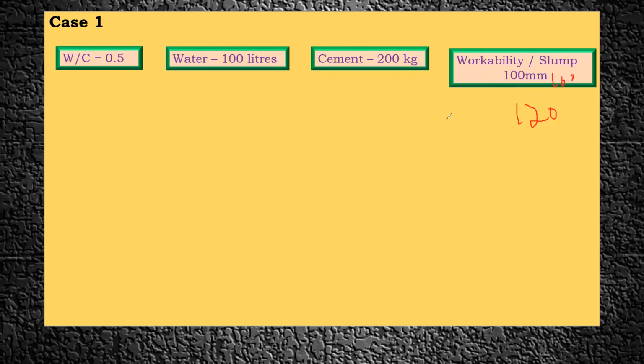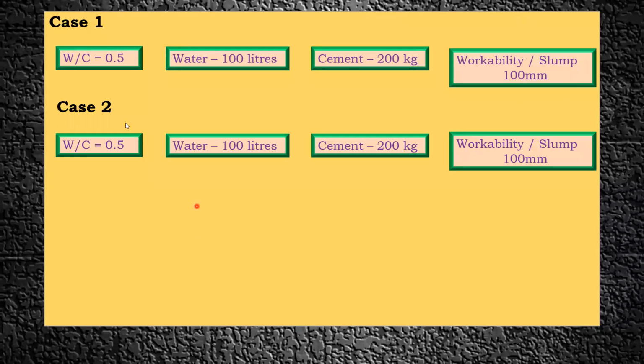So I'll tell the admixture, the plasticizer or superplasticizer, to come and increase the slump for me. So in the next mix, I'll again take 100 liters of water, 200 kg of cement, and a water cement ratio of 0.5. Along with that, I'll add admixture also.